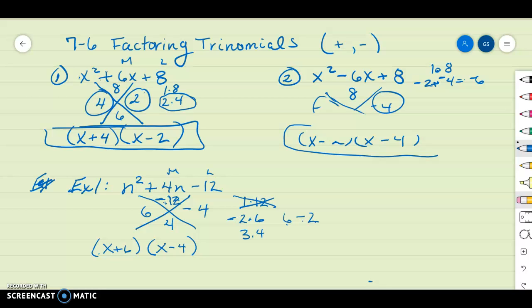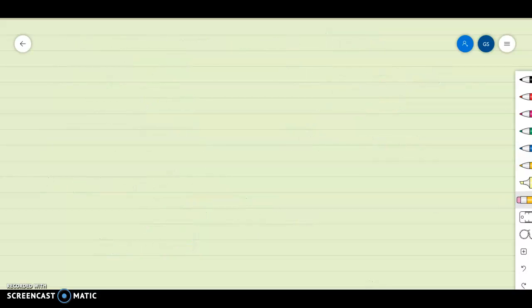All right, so let's try another example. I'm going to clear this because it looks really messy.